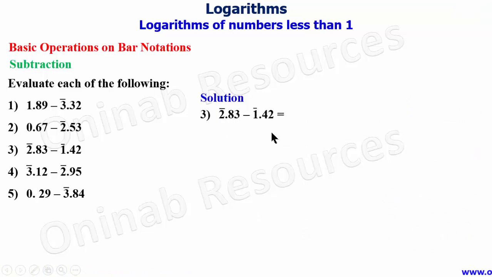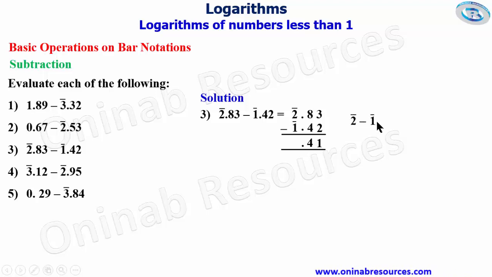So again, arranging them, we have bar 2.83 minus bar 1.42. So we carry out the subtraction again from the last digit. 3 minus 2 gives 1. 8 minus 4 gives 4. Place our point.